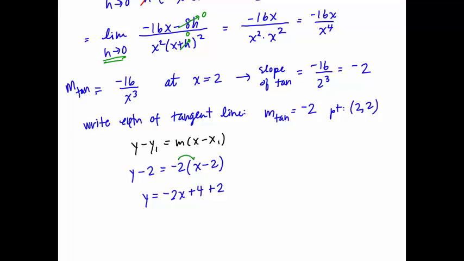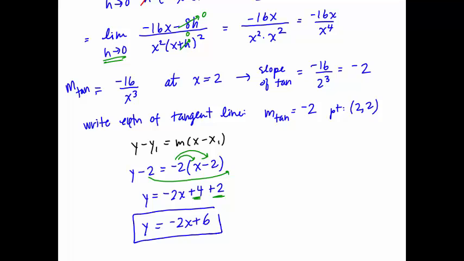So negative 2x, negative 2 times negative 2 is plus 4 here, and then add this one over here also is the plus 2. So simplify that. y equals negative 2x plus 6 as the equation of the tangent line by using the limit definition of the derivative.